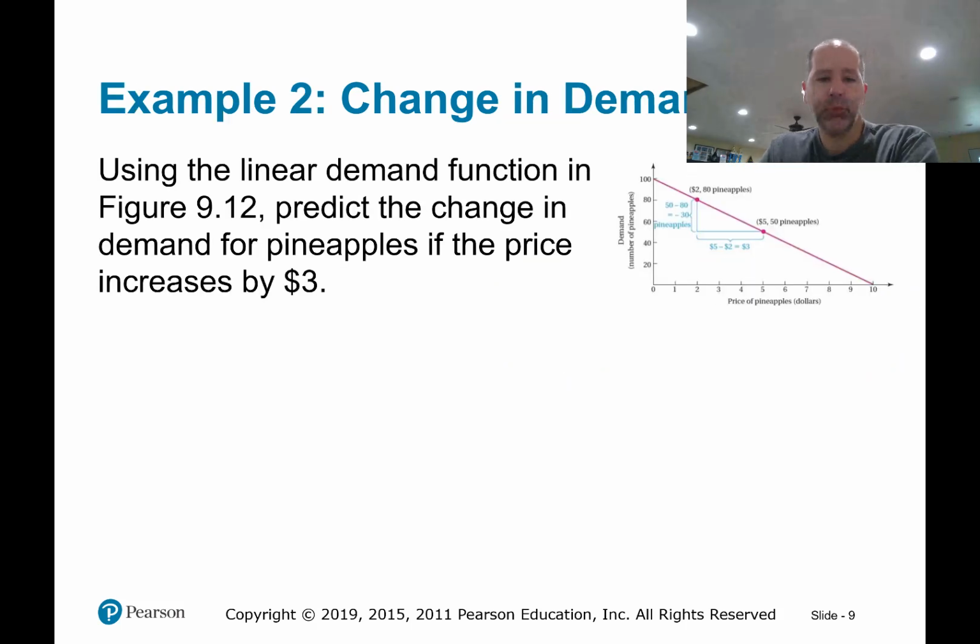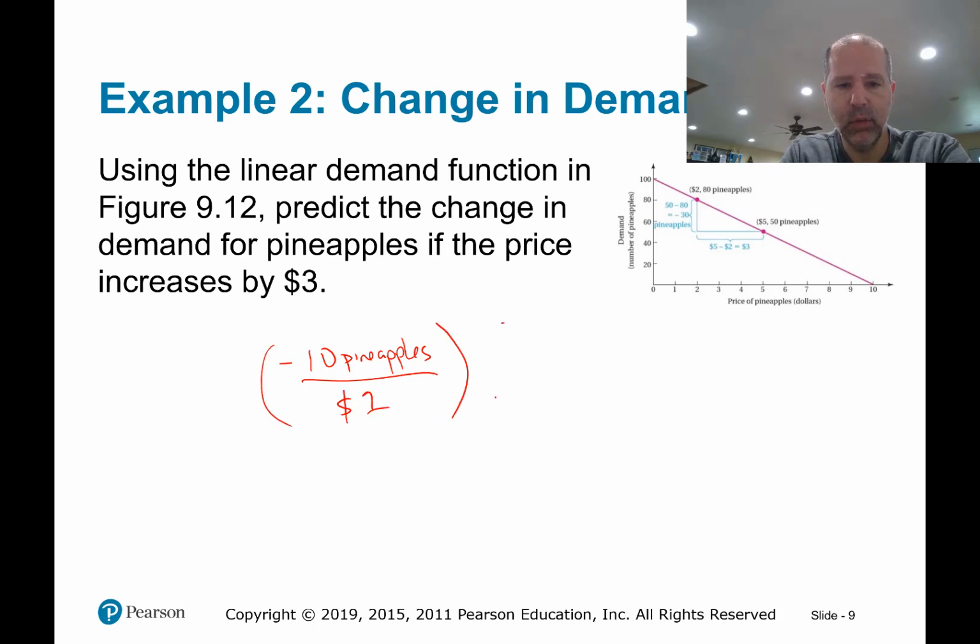Okay, so we want to use this to find what would be the change in the demand of pineapples if the price increases $3, right? Well, we know that the rate of change is negative 10 pineapples per dollar. So that's our change. And then we're going to increase by $3.